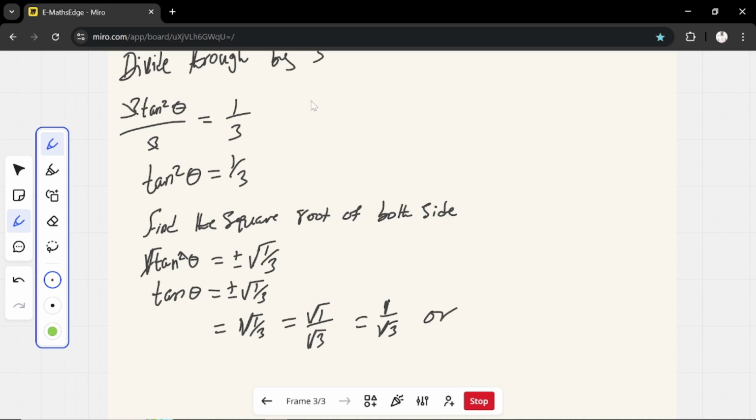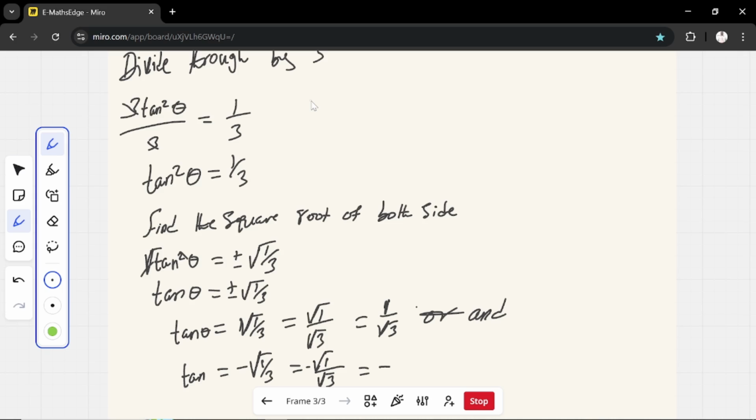Or, mind you, we have plus and minus here, so let's say tan θ is negative the root of 1 all over 3, which is equal to negative root 1 all over root 3.